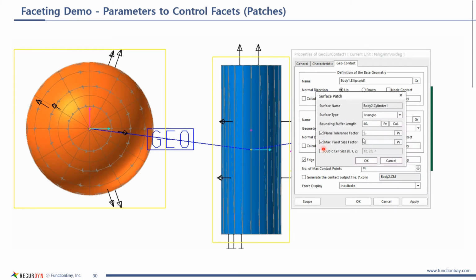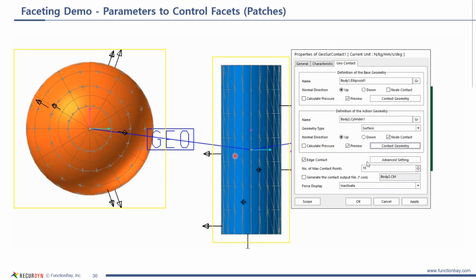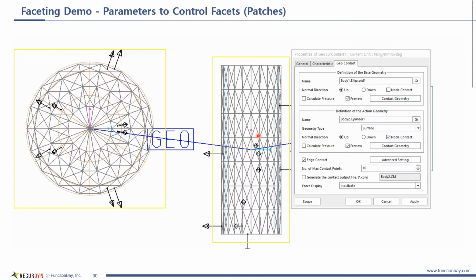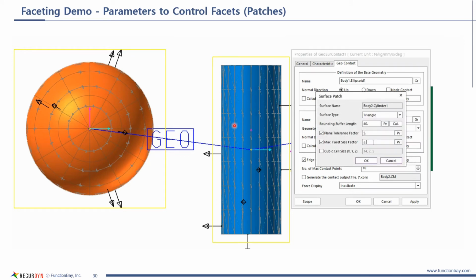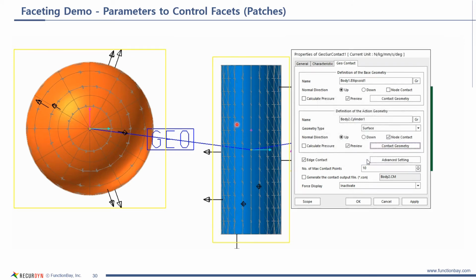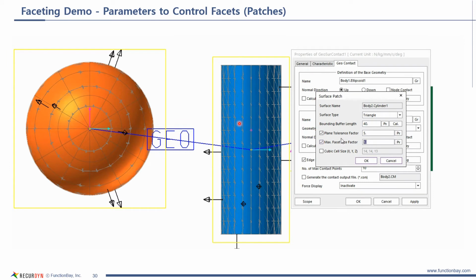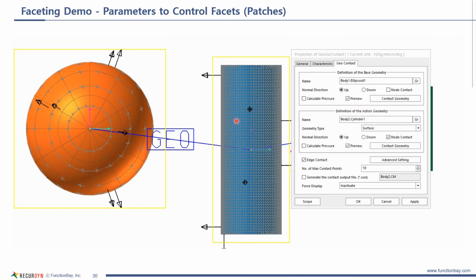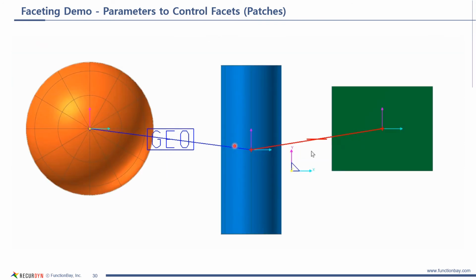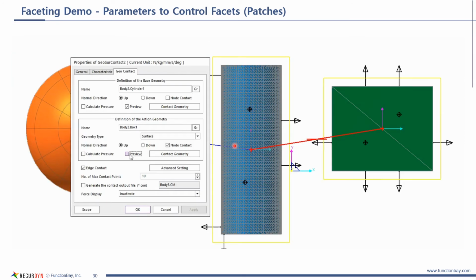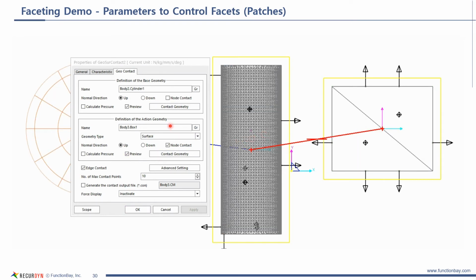Look at this. See? Especially in case of the flat surfaces on a box, plane tolerance factor has no effect.